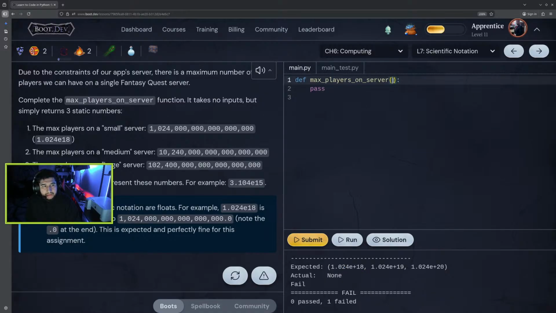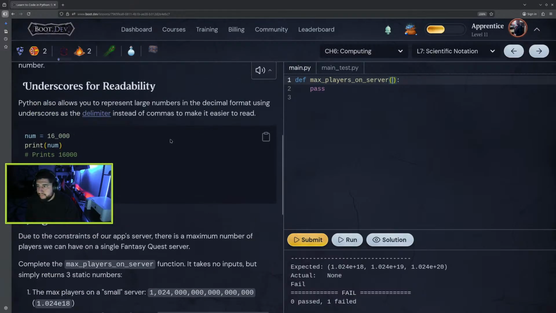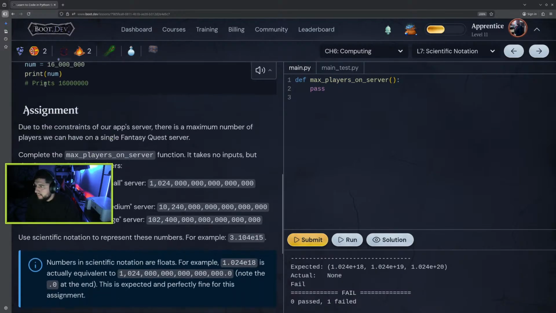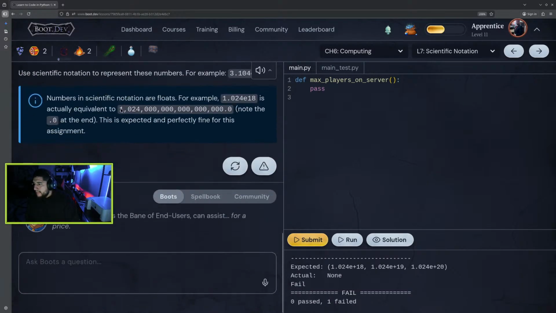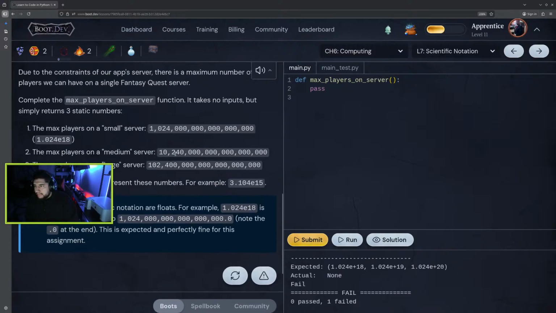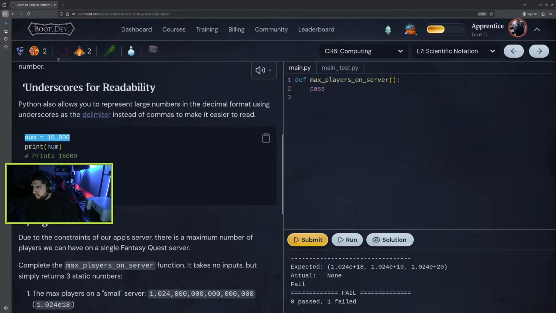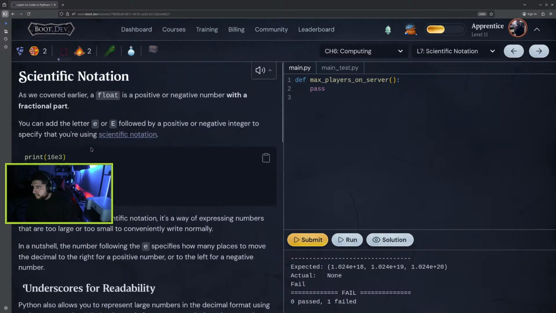Should I just put this? Max players on server. Alright, so num equals this. Print num. How does it want us to do it? Print 16e to the third.